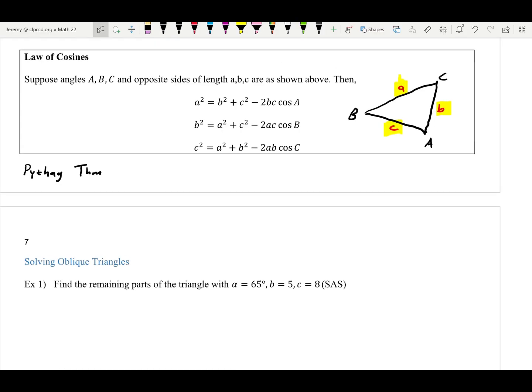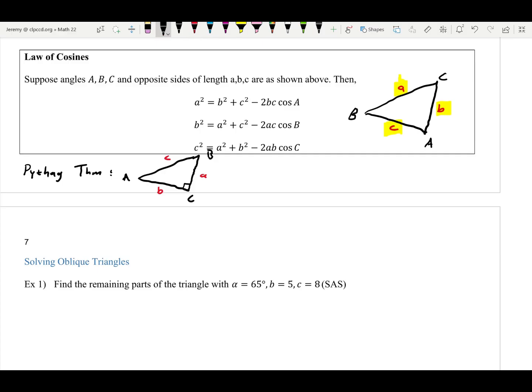Because if we're looking at a right triangle, let me draw one out here. There's our right angle right there. How about I call this angle C, and this will be A, and this will be B. So here's lowercase c, here's lowercase a, here's lowercase b.